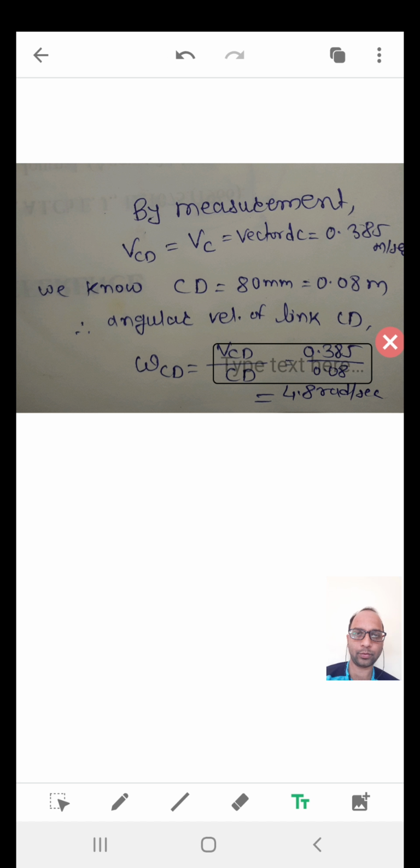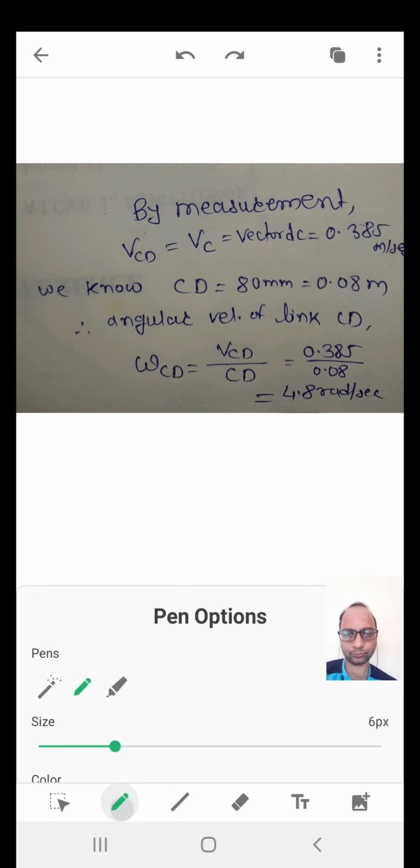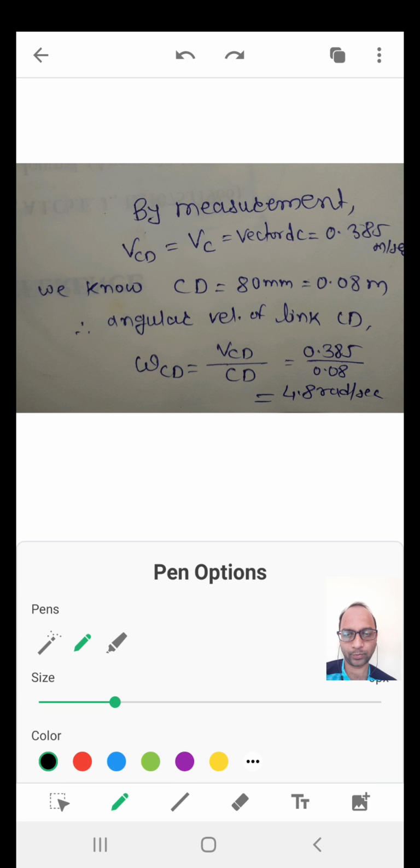We know VCD equals 0.385 by measurement of vector CD, divided by 0.08. So we get the final answer of 4.8 radian per second, and this is our final answer, 4.8 radian per second.